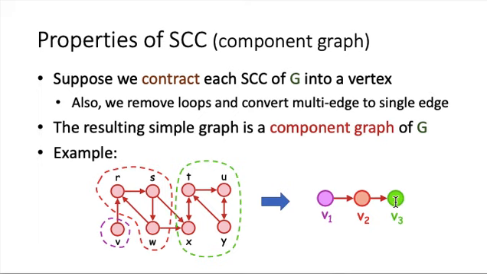For instance, V3 has an arrow that points back to V1. In that case, let us examine what happens in the original graph. Remember, each single vertex here represents possibly a bunch of vertices in the original graph, but they are mutually reachable. So this corresponds to a bunch of vertices, this corresponds to a bunch of vertices, and this also corresponds to a bunch of vertices.